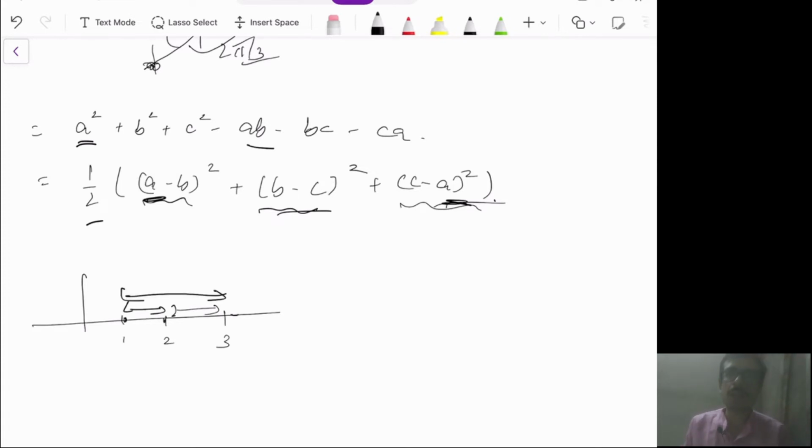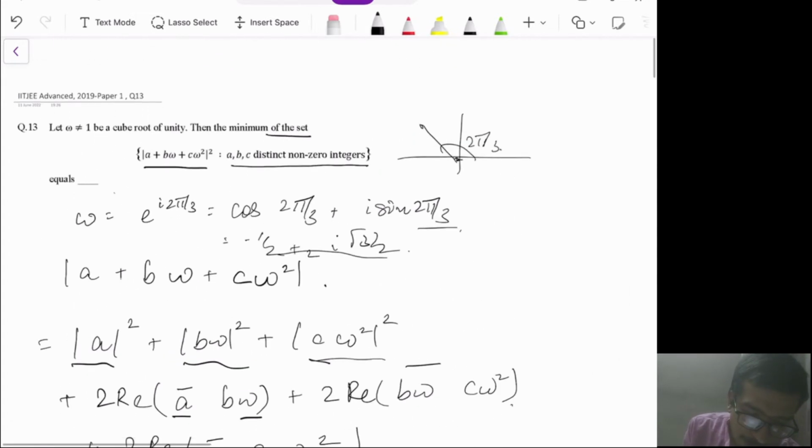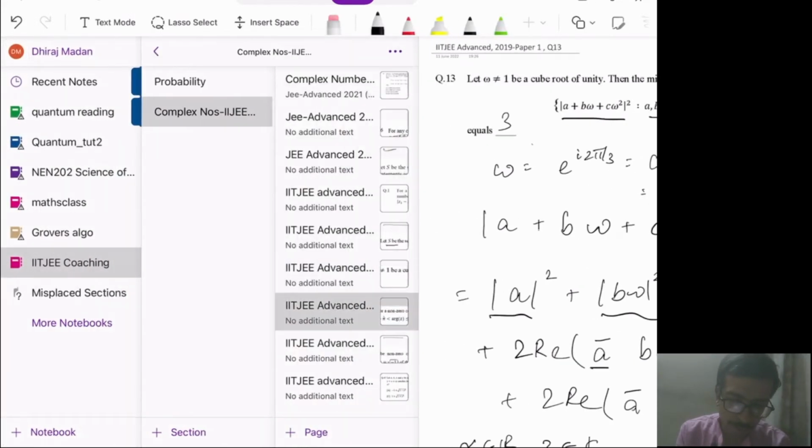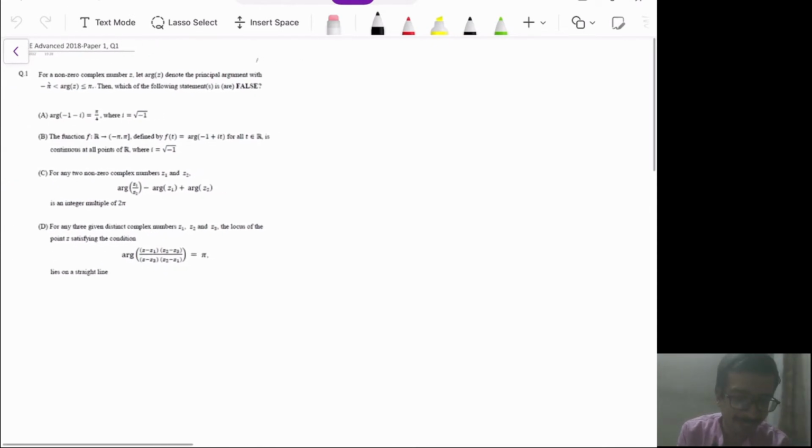So I have to minimize this expression, which is a sum of squares. So it's best to make them as small as possible, which comes up only if they are consecutive. And this value will turn out to be half of 1 square plus 1 square plus 2 square. So you can check, this is 6 by 2, which is 3. So the final answer is going to be 3. So this is an integer type question, and this is your correct answer. Right, so this was relatively easy as compared to the previous question we saw.